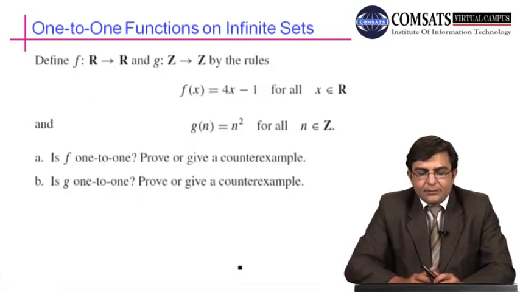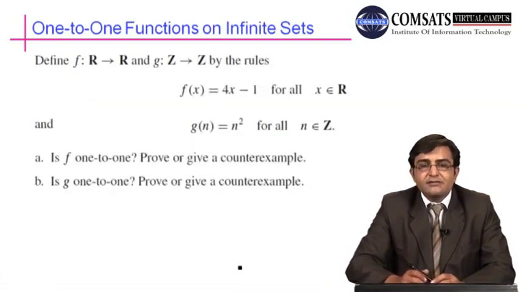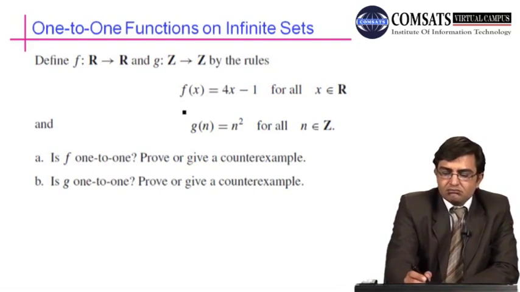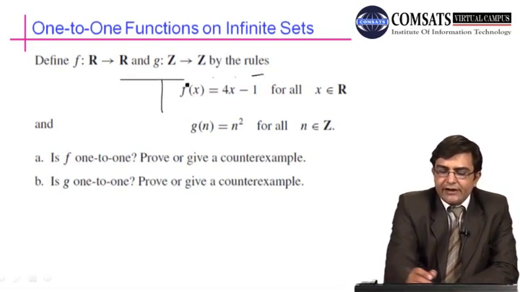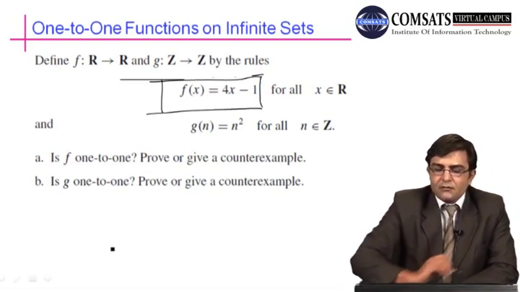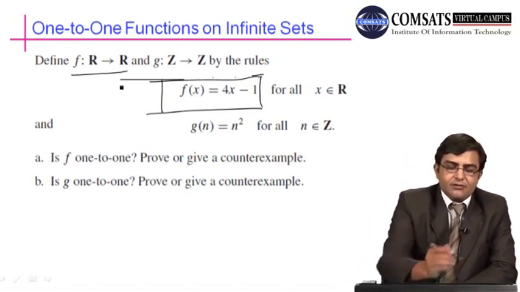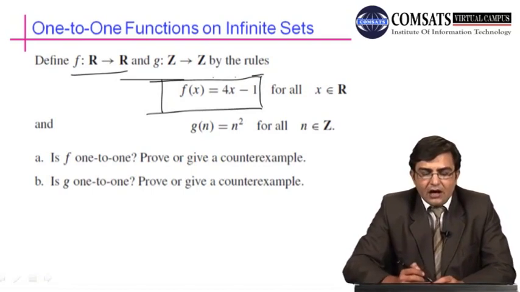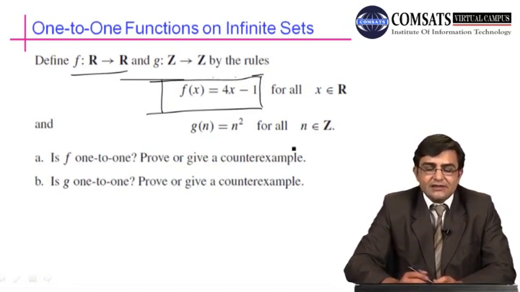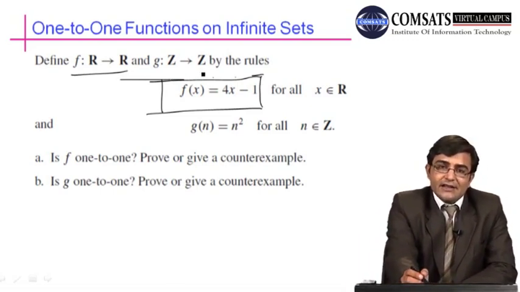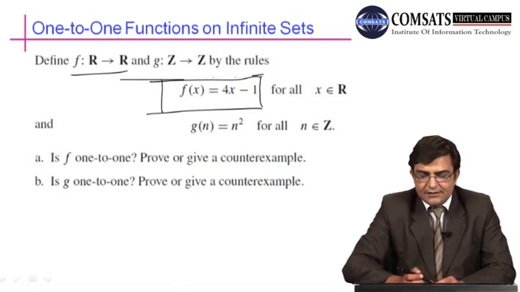Now an example of functions which are defined on infinite sets. The first example is this function. f of x is defined as f of x equal to 4x minus 1, where f is a function from R to R, where R is the set of real numbers. G is a function defined from Z to Z, where Z is the set of integers.